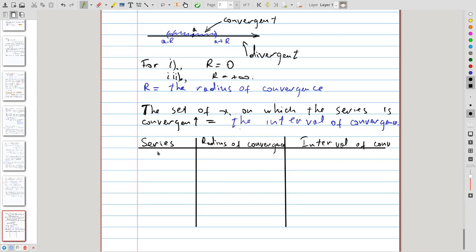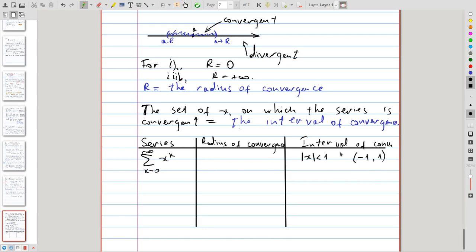The first series we discussed was the sum for k from 0 to infinity of x to the power k. We saw that it converged precisely when the absolute value of x was less than 1, or in other words, in interval notation, the open interval between -1 and 1.